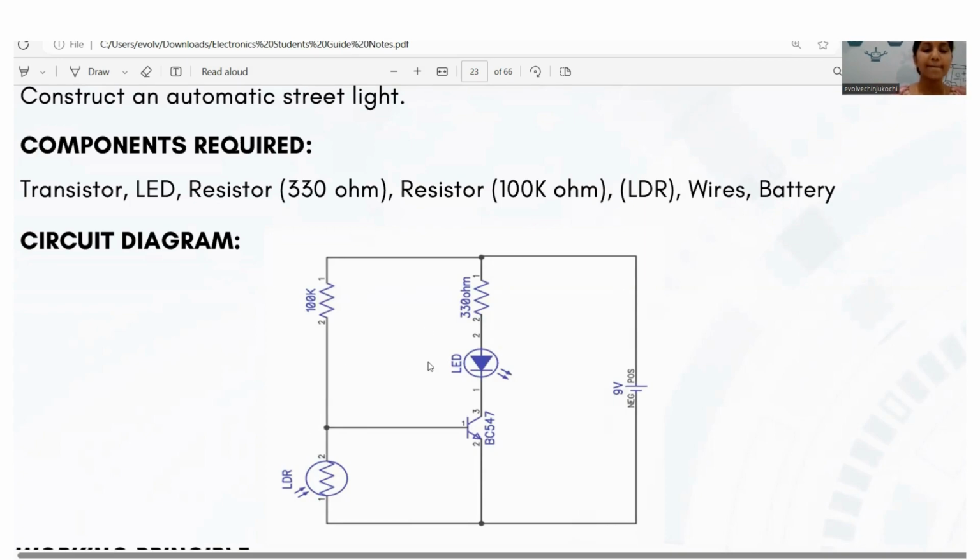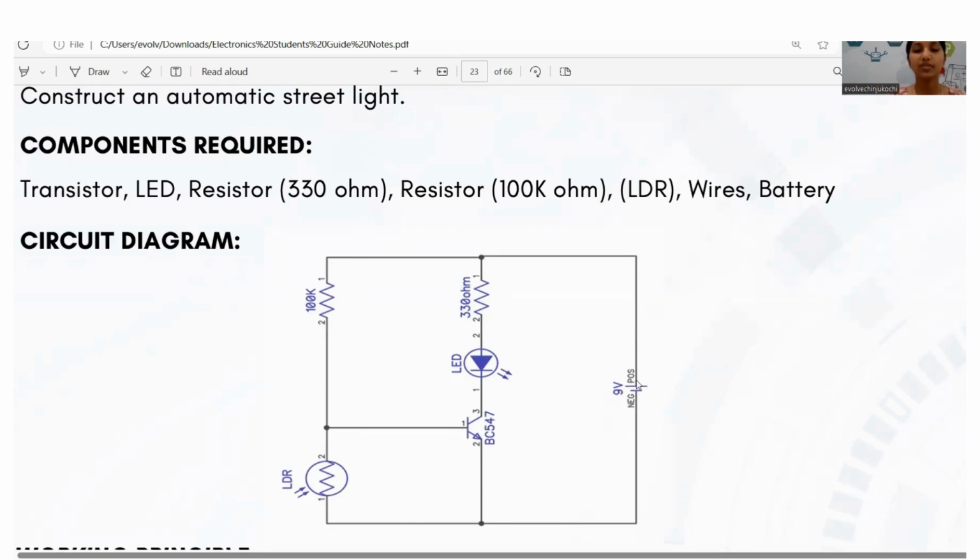Okay, so what is happening here is, when the light is coming, that means at daytime when there is the sun, we have plenty of sunlight available. So at that time the resistance value is really low. When the light intensity increases, the resistance value decreases. So the resistance value of this LDR is really low. Here the transistor is acting like a switch.